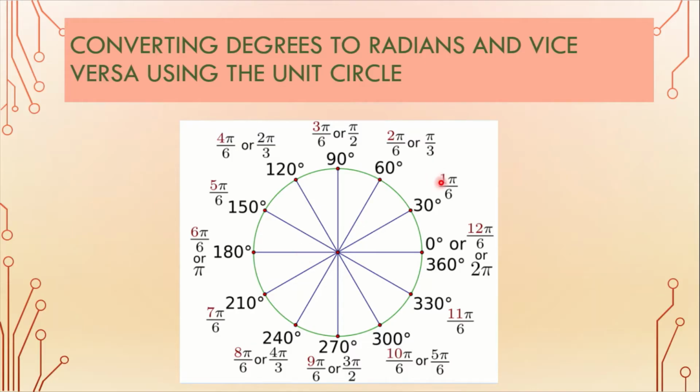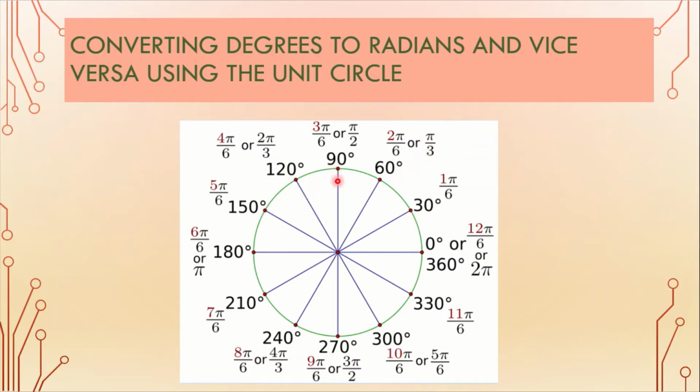Correspondingly, the equivalent of 60 degrees is 2 pi all over 6, because we are getting 2 parts out of 6. If we reduce that, the radian equivalent of 60 degrees is pi over 3.